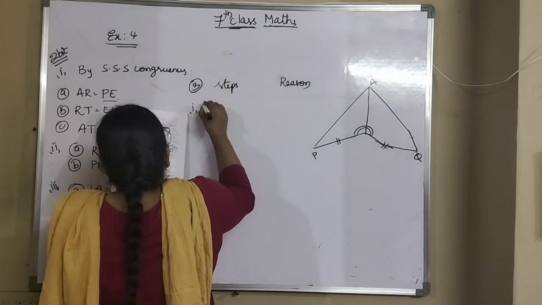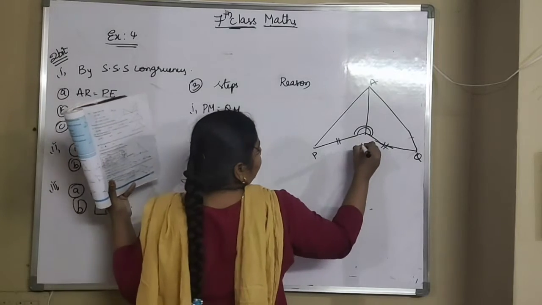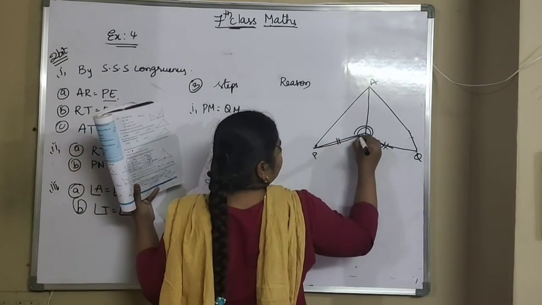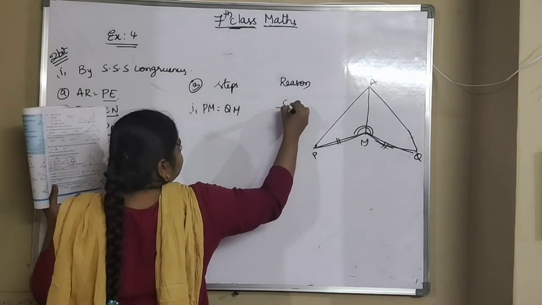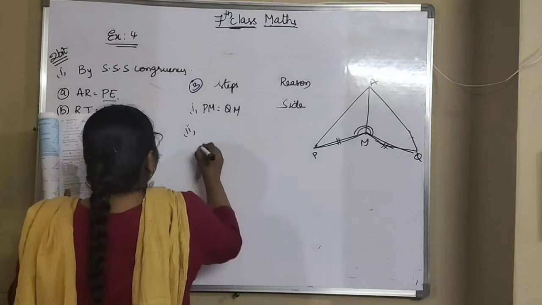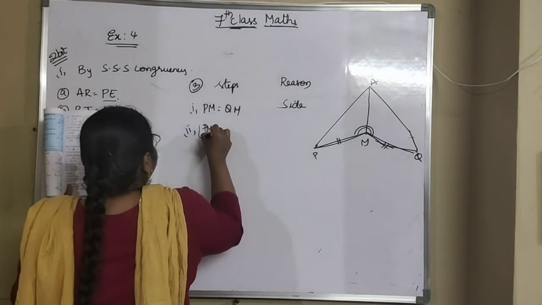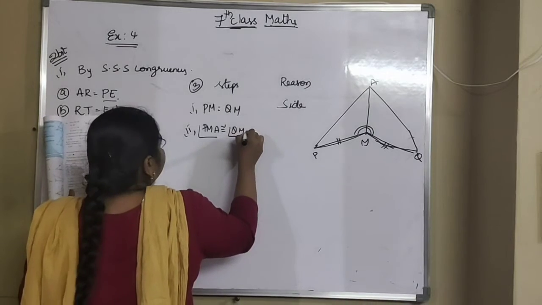So first they have given that PM is equal to QM. This PM and QM are both sides. So what is the reason here? They are sides. Next is angle PMA is congruent to angle QMA.